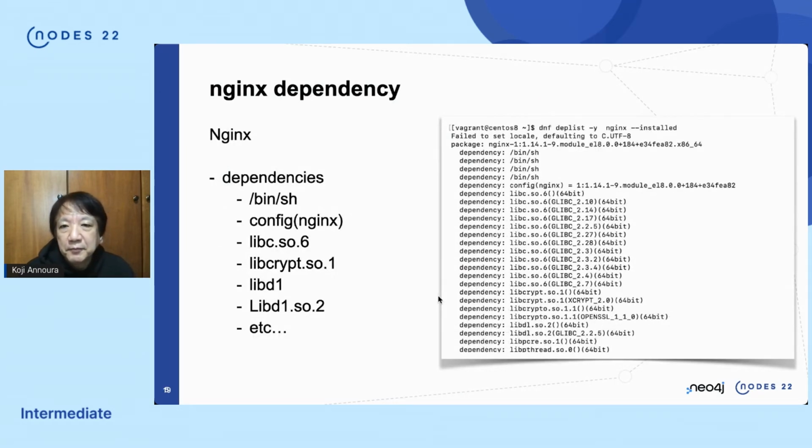So this one, dep list. Installed Nginx dep list. It's easy to read and import into Neo4j. At this time I created an import into Neo4j by Python.